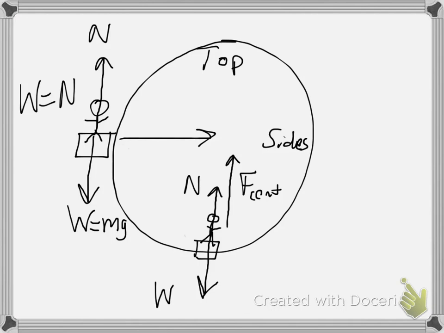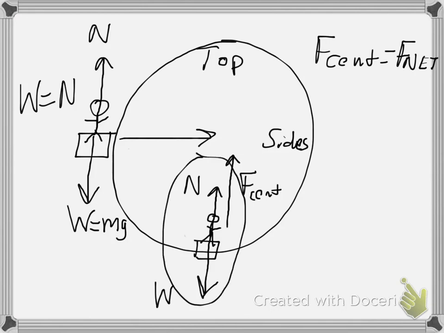Now, when you're on a ride like this, like a Ferris wheel, the centripetal force is your net force. Okay? So the centripetal force is going to be a result of the sum of all your other forces. Well, what forces are acting on you at this particular point?